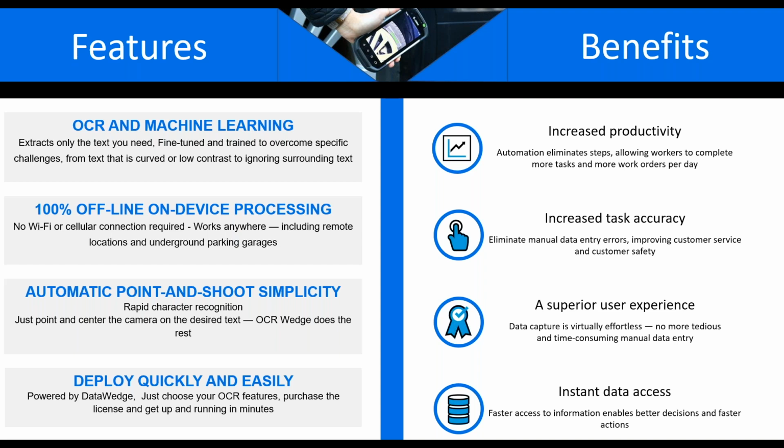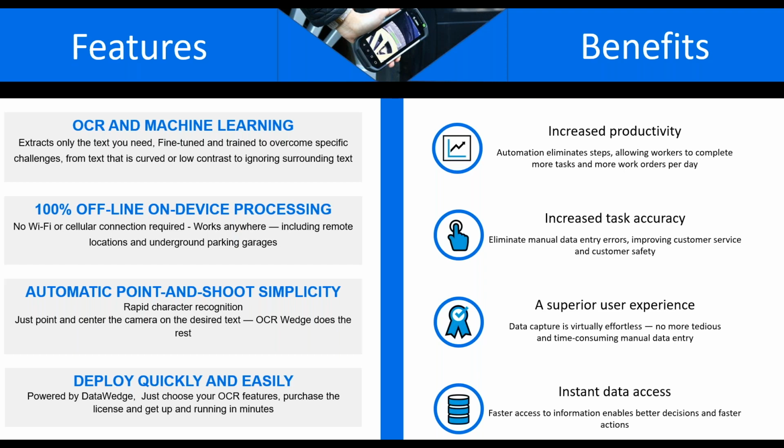This is a well-trained system that is integrated with Zebra devices, and you don't have to train any system in order to capture these documents or material identification numbers. It's 100% offline, with point and shoot simplicity.